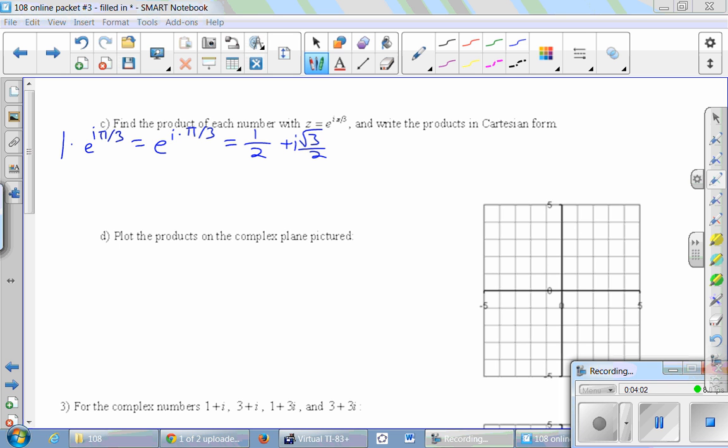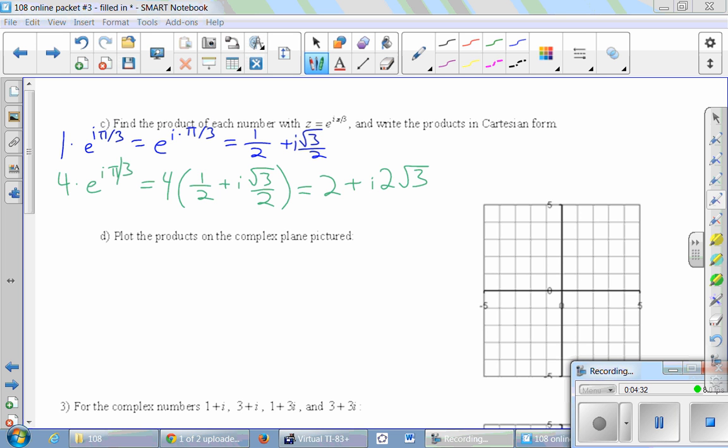Okay, the next one was in green, 4 times e to the i pi over 3 is equal to 4 times a half plus i root 3 over 2. Distributing the 4 gives 2 plus i times 2 root 3.